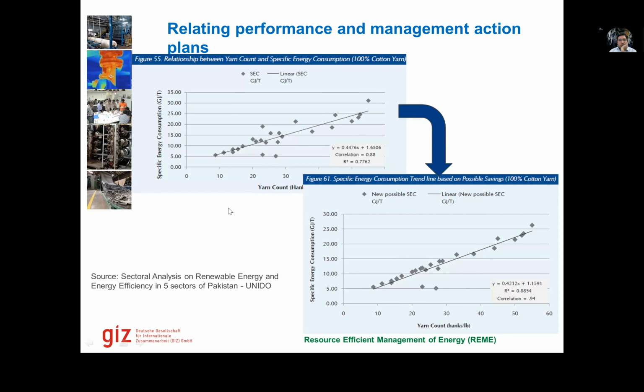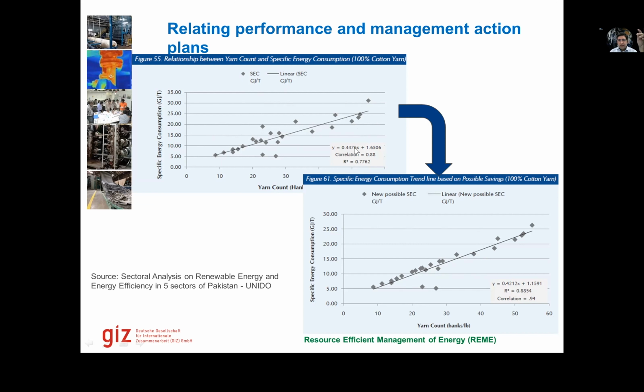Then we could also use a regression line for target setting. For example, this was a regression line for spinning, for multiple spinning mills. And for the mills which are above this line, we knew their action plan of implementation. So we estimated how much they can save. Based on that, we estimated their new energy consumption. So we developed a new regression line.